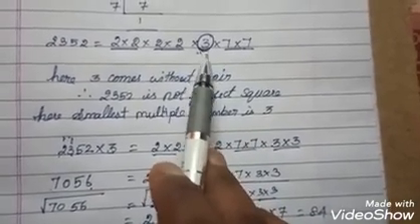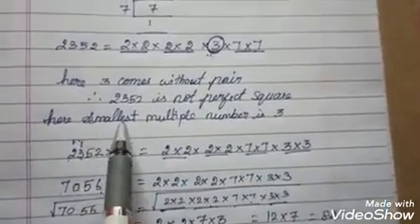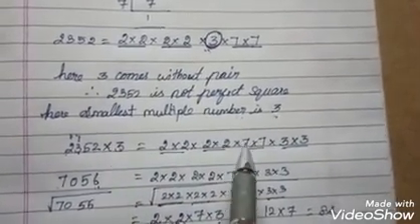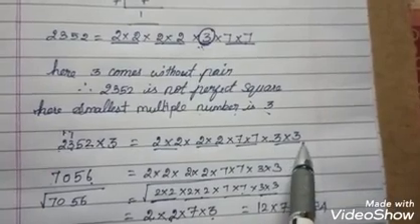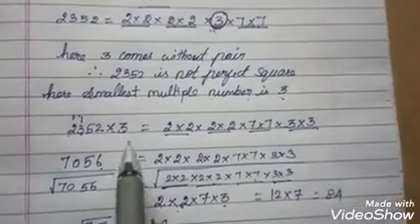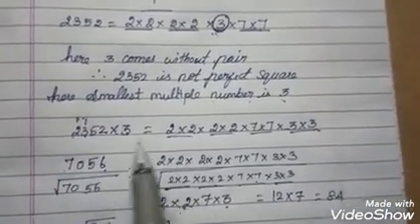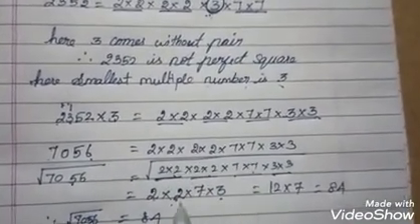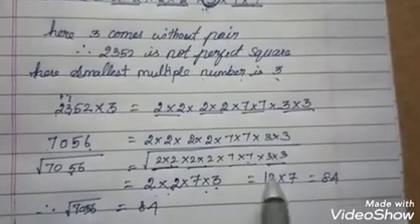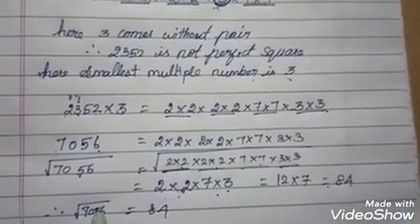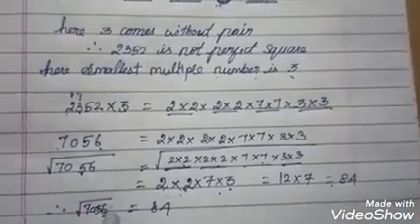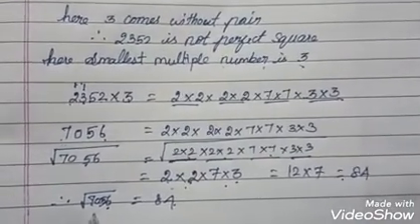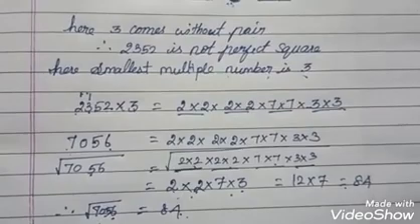So here the smallest multiple number is 3. So now you multiply with 3, and the 3 becomes a pair. Okay, the new number is 7056. As usual, you go with the square root. You take 1 out of each pair. You multiply these 4 values, you get 84. So the square root of the new number 7056 is 84.